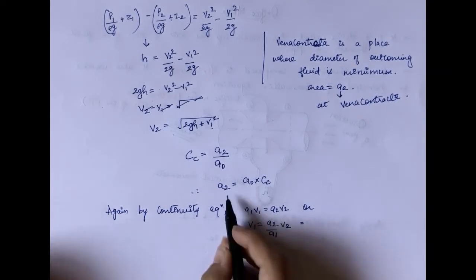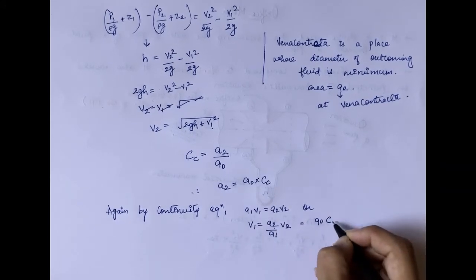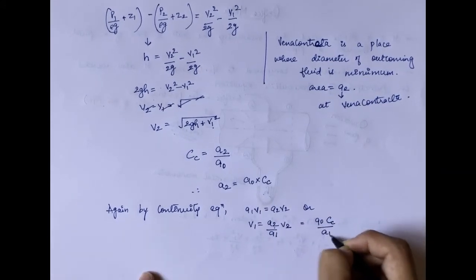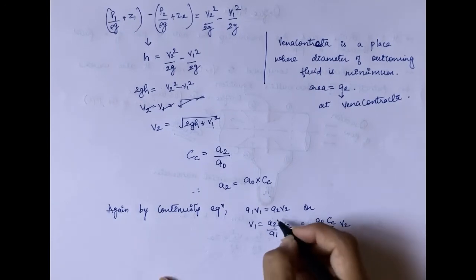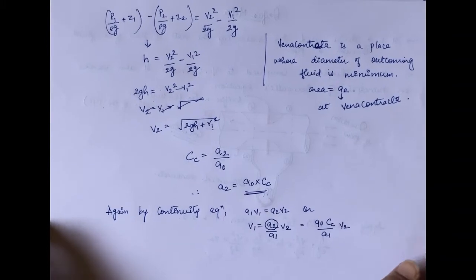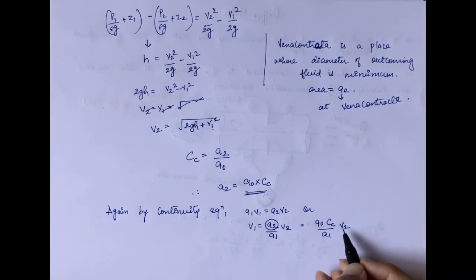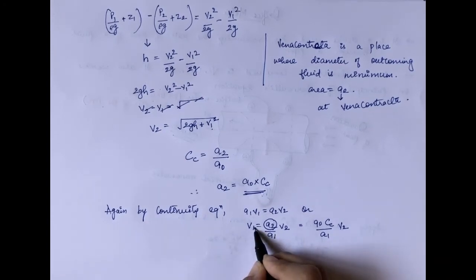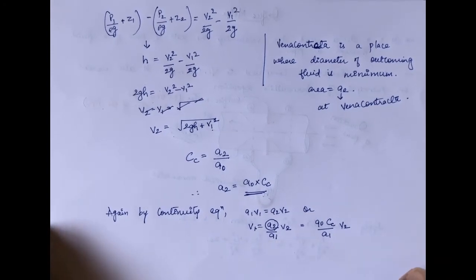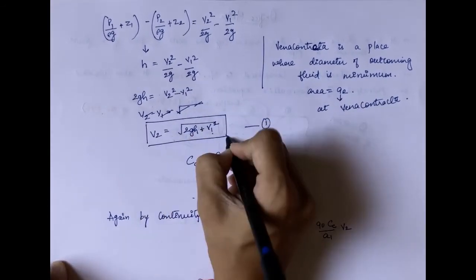In place of A2 we write A0 into Cc, so V1 is equal to A0 Cc upon A1 into V2.